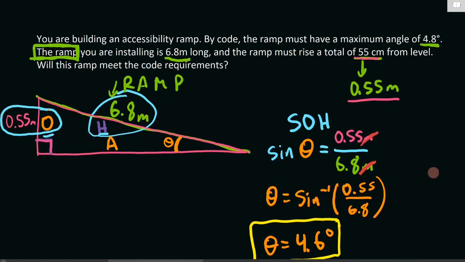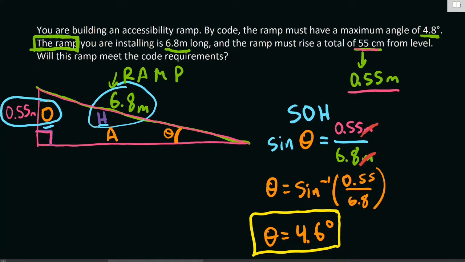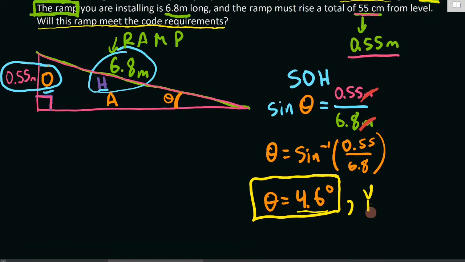We haven't actually answered the question yet, though. Will the ramp meet the code requirements? It's 4.6 degrees, and it must be a maximum of 4.8 degrees. So, yes. It's up to code.